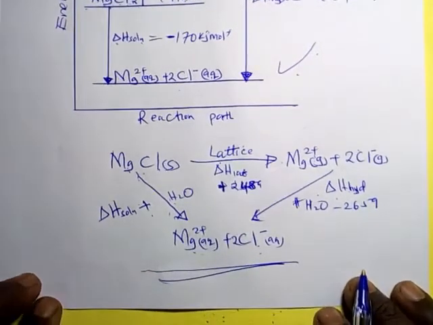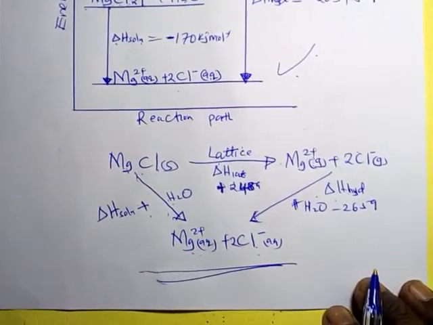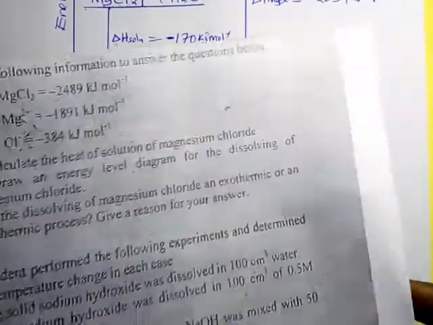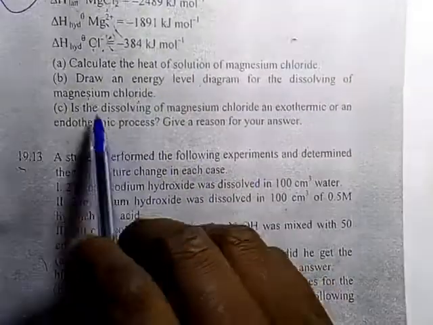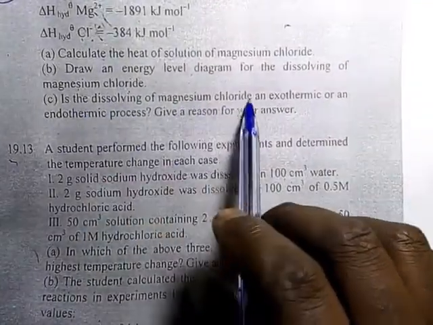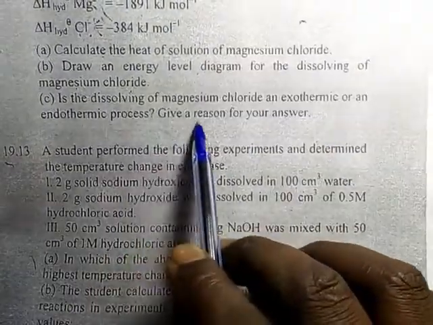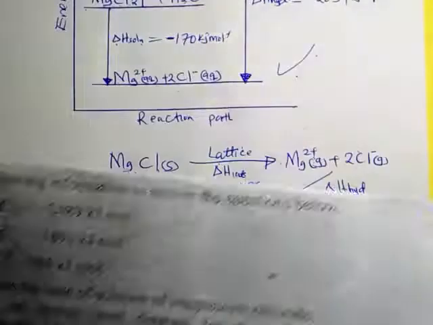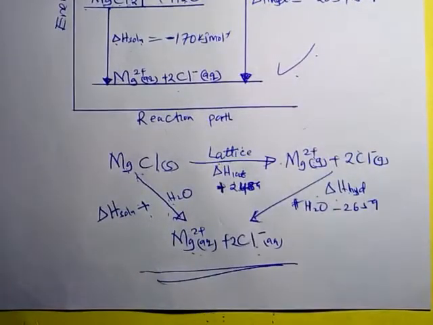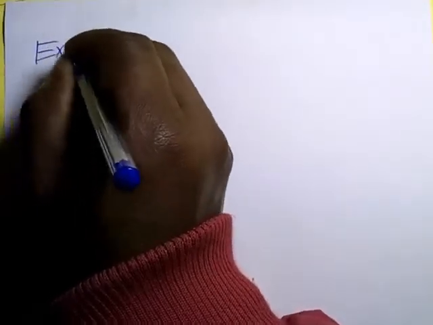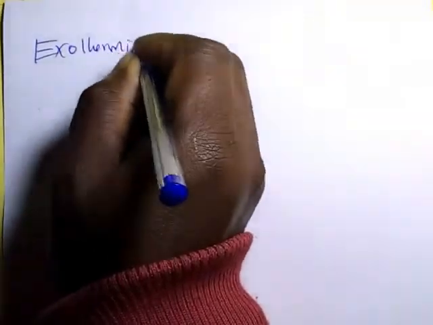The final question I want to answer is this one: is the dissolving of magnesium chloride an exothermic or endothermic process? Give a reason for your answer. The answer is the reaction is exothermic.